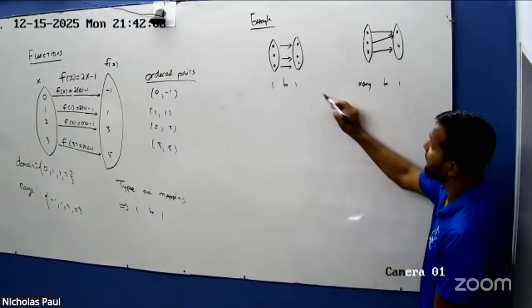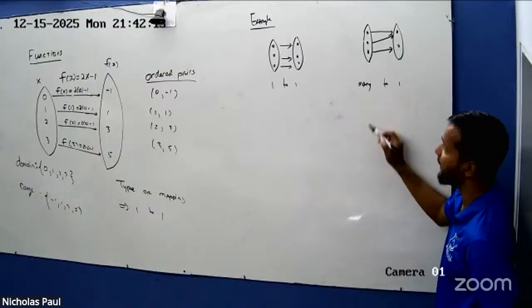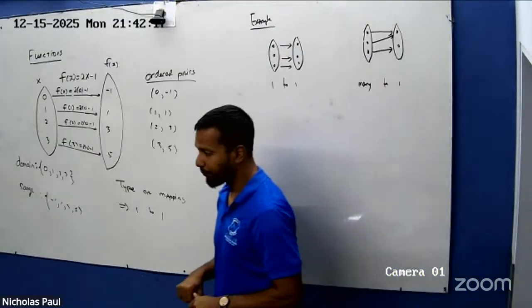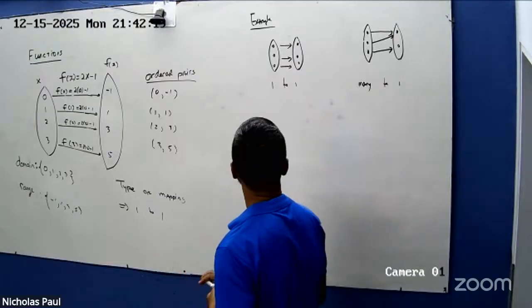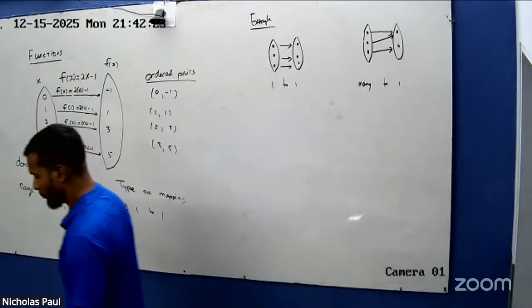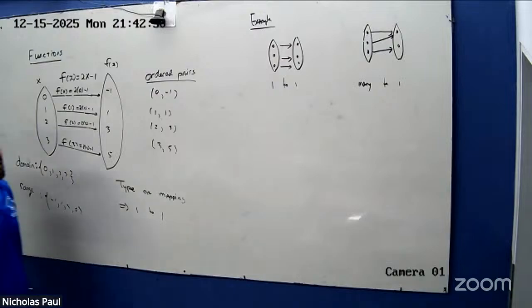So these are the two types of mappings that define a function. Only these. It can't be many to many or one to many. These are the only two that define a function. So just draw it in so you have an idea of what those functions look like.